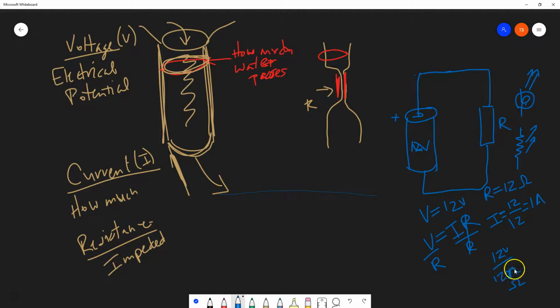That should be an omega symbol, but the pen didn't draw it right. Let's try erasing this. We'll try again. So we have 120 on the bottom, and then the ohm symbol. At this point, the current is only 0.1 amps.